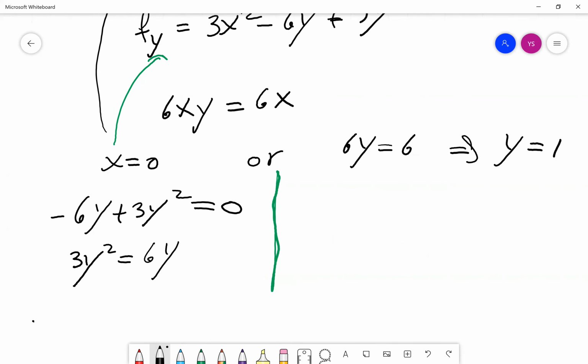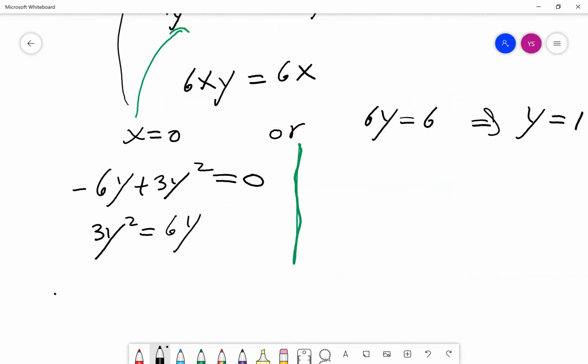And again, we go to two different situations. First situation, y is equal to 0, and that will solve this problem. Second situation, if y is not equal to 0, we divide by y, and we get 3y is equal to 6, or y is equal to 2.